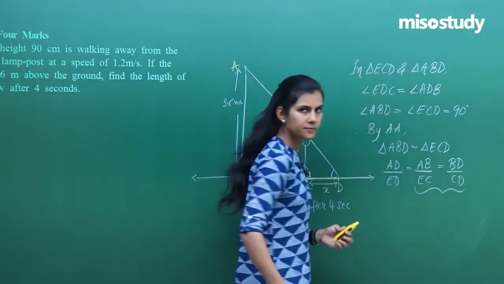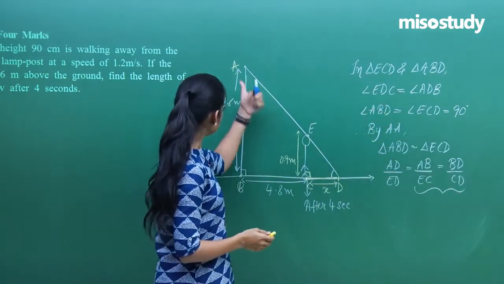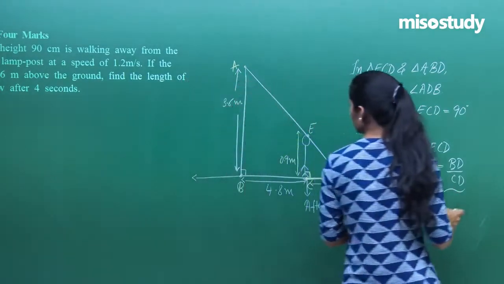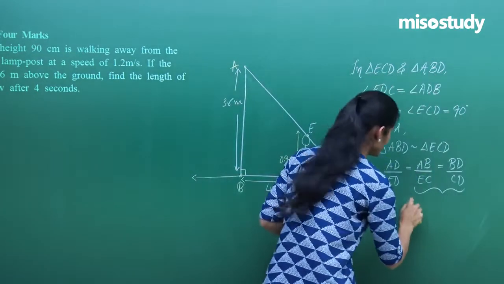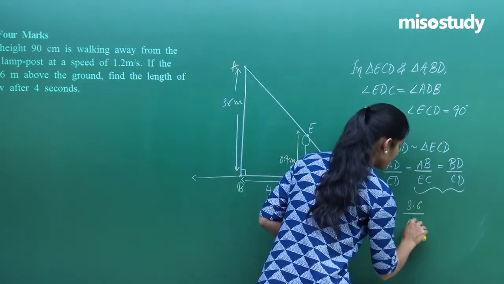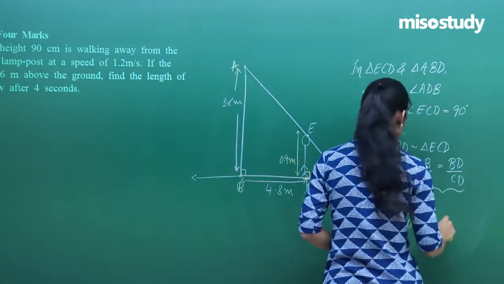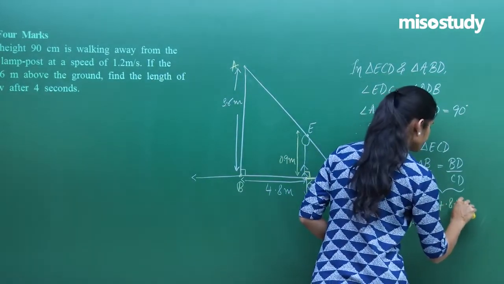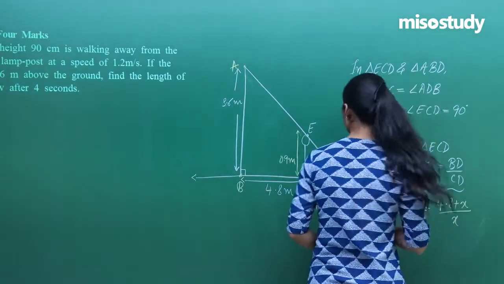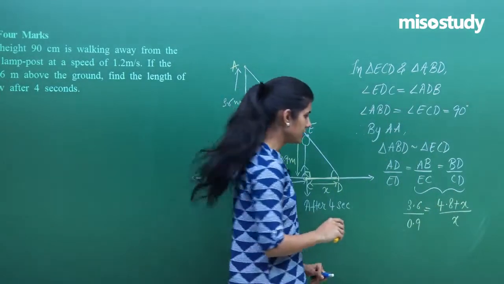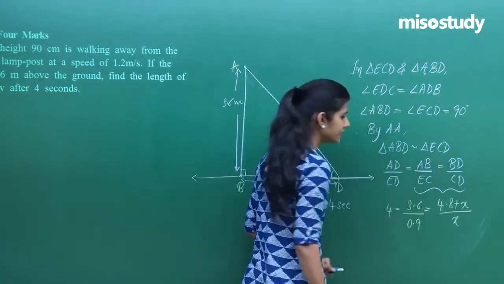Catch hold of this. AB upon EC gives you 3.6 upon 0.9. This is equal to BD. BD is 4.8 plus X and CD is just X. This is what you have. What is 3.6 upon 0.9? It is 4.